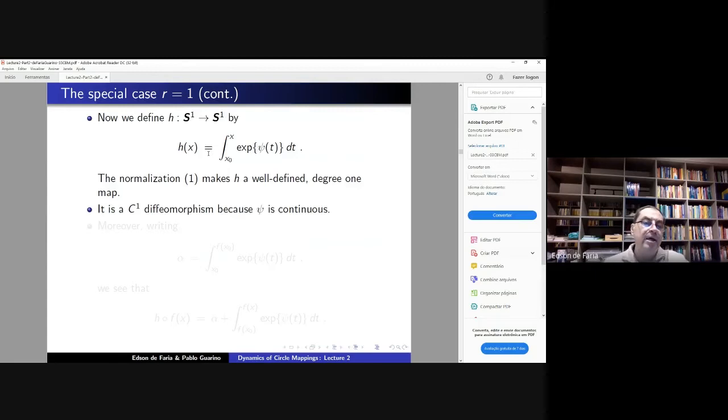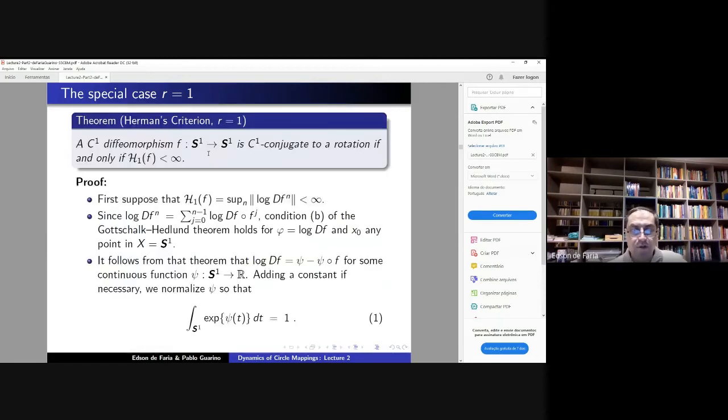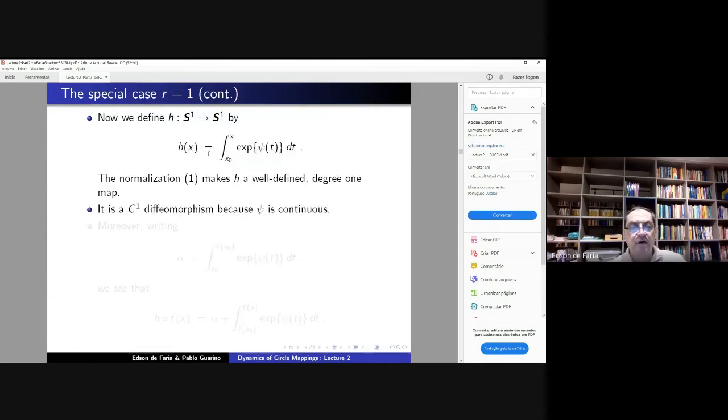So it better be true that the integral from x0 to x0 plus 1 gives you the same thing as H of x0. And that's just because of this condition, this choice of constant that makes the integral of the exponential of psi equal to 1. Okay, so H is well defined, and since psi is continuous, H is a diffeomorphism.